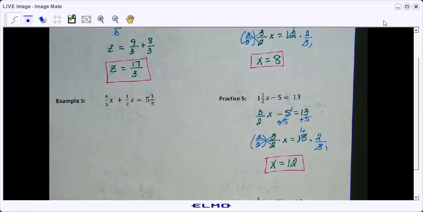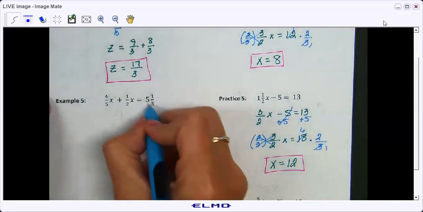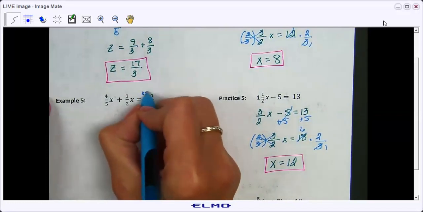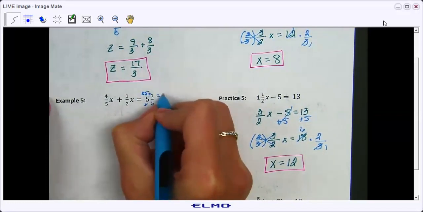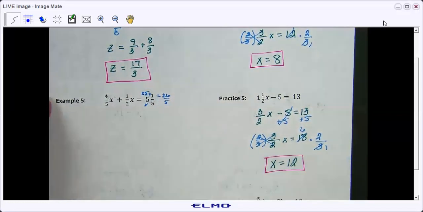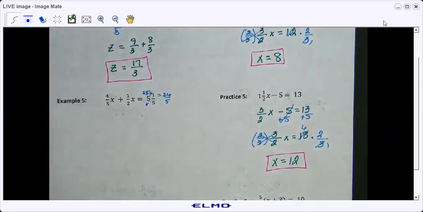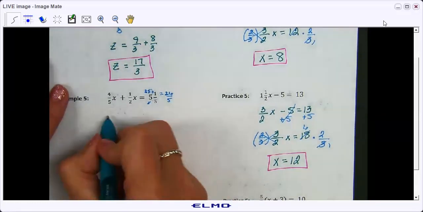But I want you to go ahead and solve it the way that you think works best for you. Okay? So I need to turn this to an improper fraction, so I have to multiply 5 times 5. I get 25. Then I add 1 and I get 26. So that would be 26 fifths. So what I'm going to do is rewrite this.